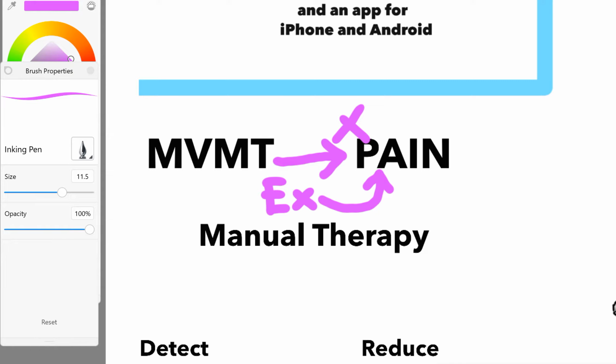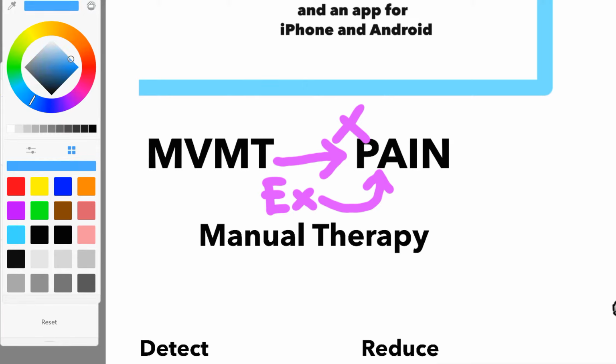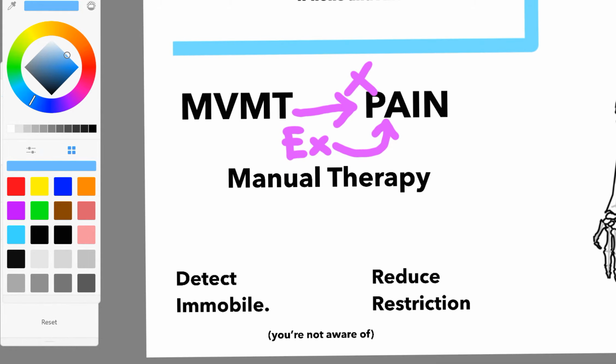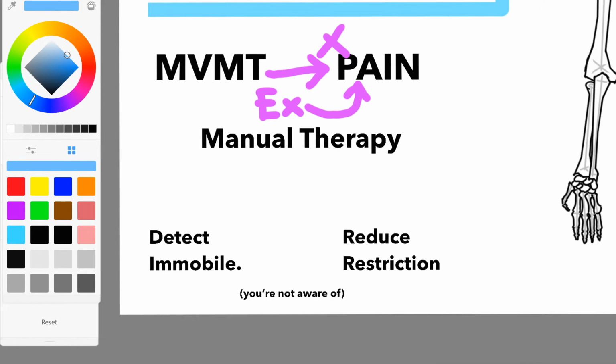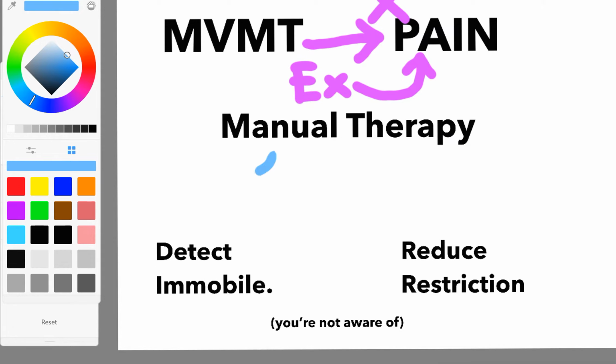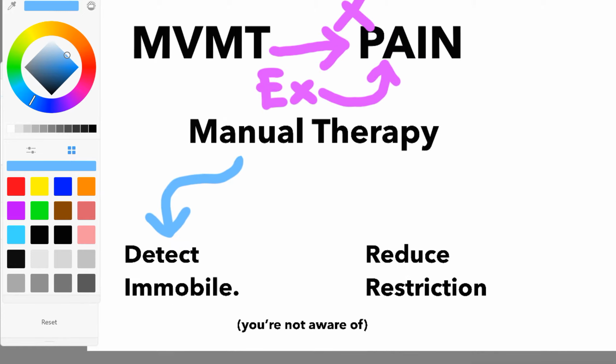And this is actually fantastic because it's beneficial on a number of different levels. Well, it turns out manual therapies, and those are manual therapies like chiropractic, like osteopathy, physiotherapy, physical therapy, fascial stretch therapy, Bowen, all these things actually work on the same principles. And what they can do is detect immobilities, immobilized areas, and they can reduce restrictions.